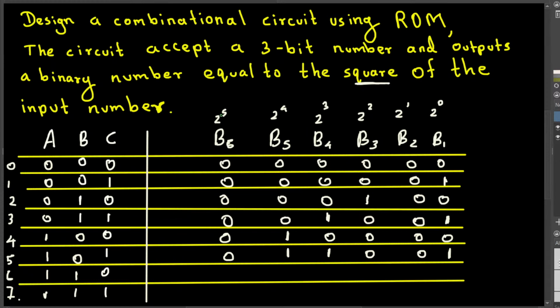So here we have 2 power 5, that's 32, and a 4 will give us 36. Others are 0. Okay. And the last one is 7 square, that's 49. So for the 49, we can take a 32 and a 16, 48, and a 1.